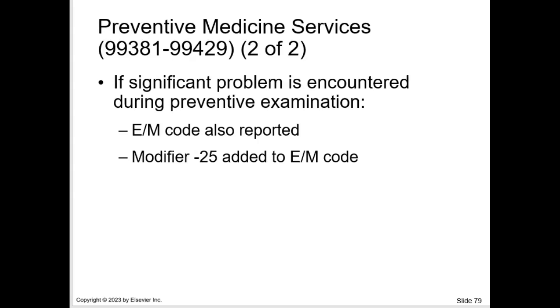And I want to get paid for that problem because it's going to take longer now to address. So when you do the diagnosis, you're going to have the diagnosis for the annual physical, and then you make sure you also have a diagnosis, let's just say, for the heart palpitations. And the insurance company will pay for both. They will pay for both because you're adding that 25 modifier.